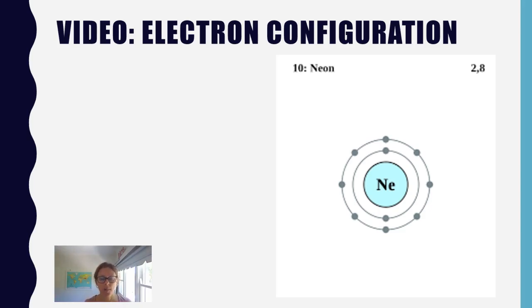And then we started filling up the fourth shell for our elements 19 and 20. But of course there are so many more elements than just elements 1 to 20, so those rules that you learnt were relevant to those first 20 elements. Working beyond there, however, there's a little bit more that we need to take into account.